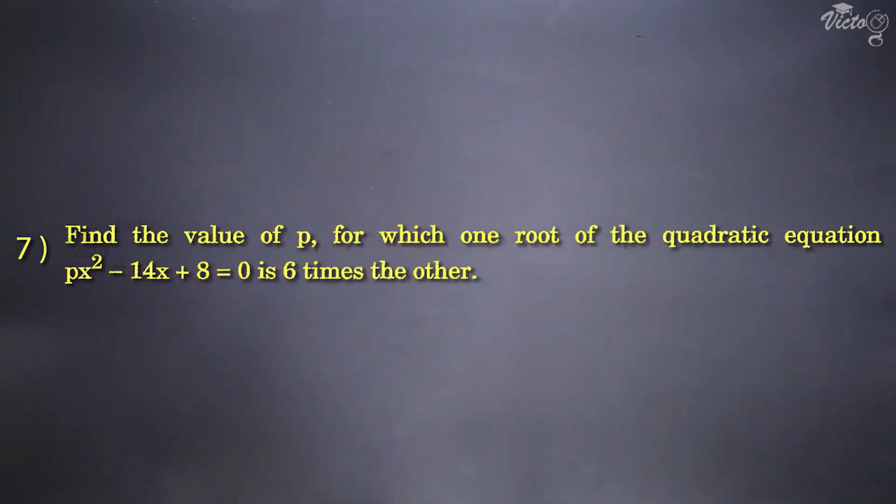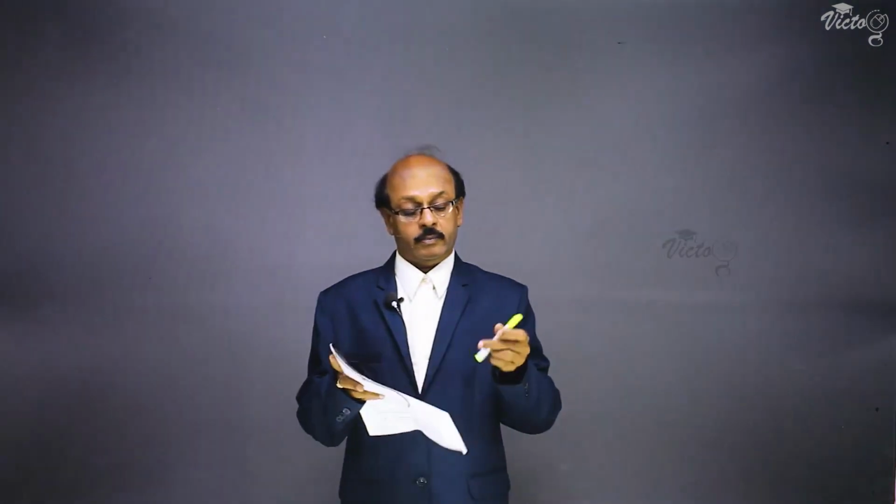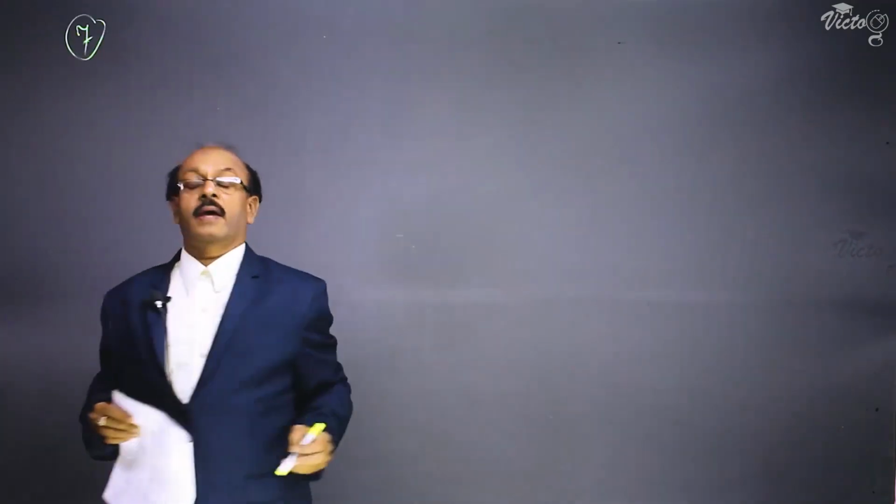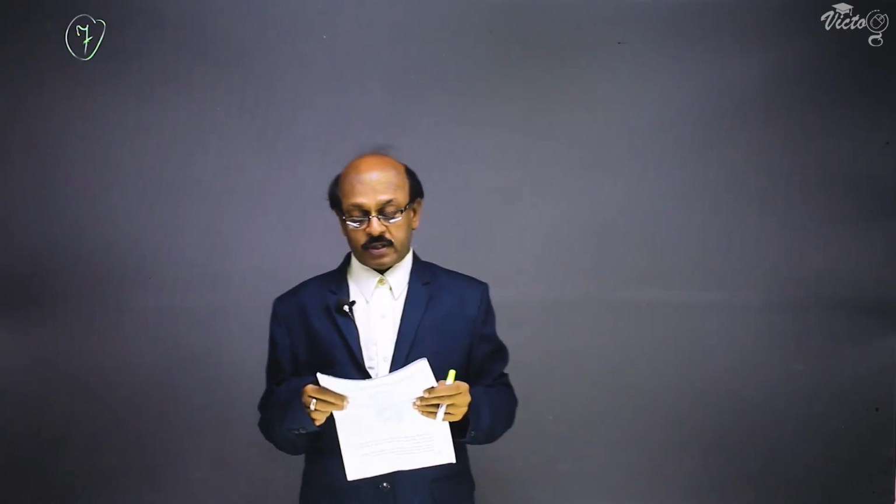Find the value of p for which one root of the quadratic equation px square minus 14x plus 8 is equal to 0 is 6 times the other. Question number 7. Given that one root of the quadratic equation px square minus 14x plus 8 is 6 times the other.